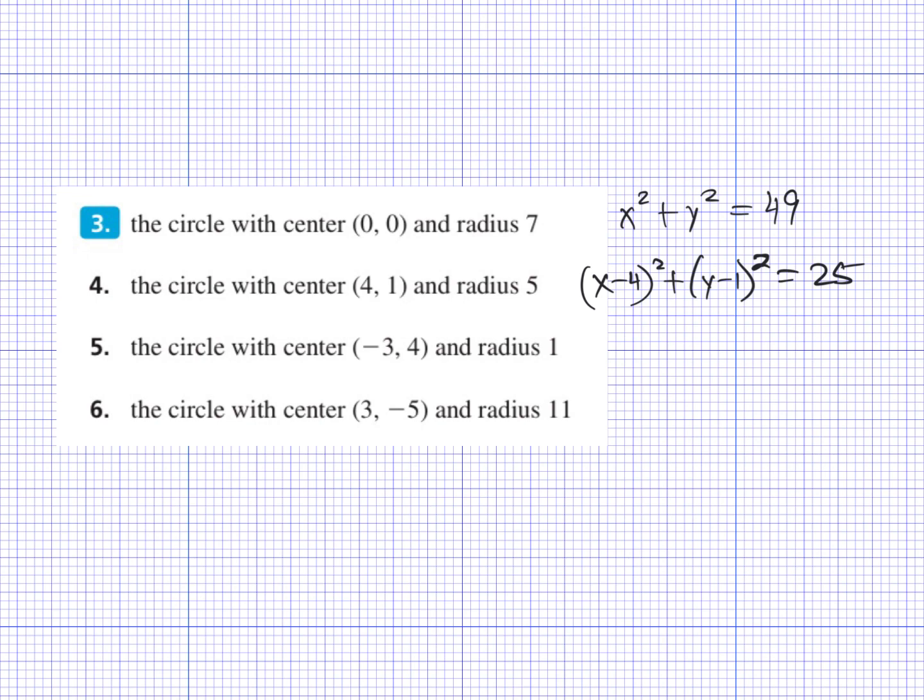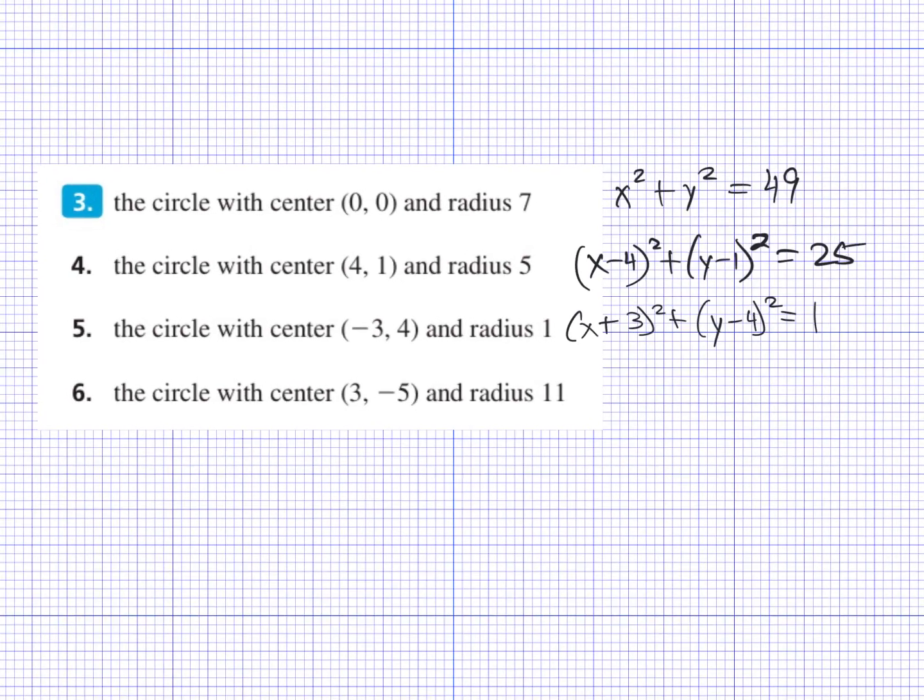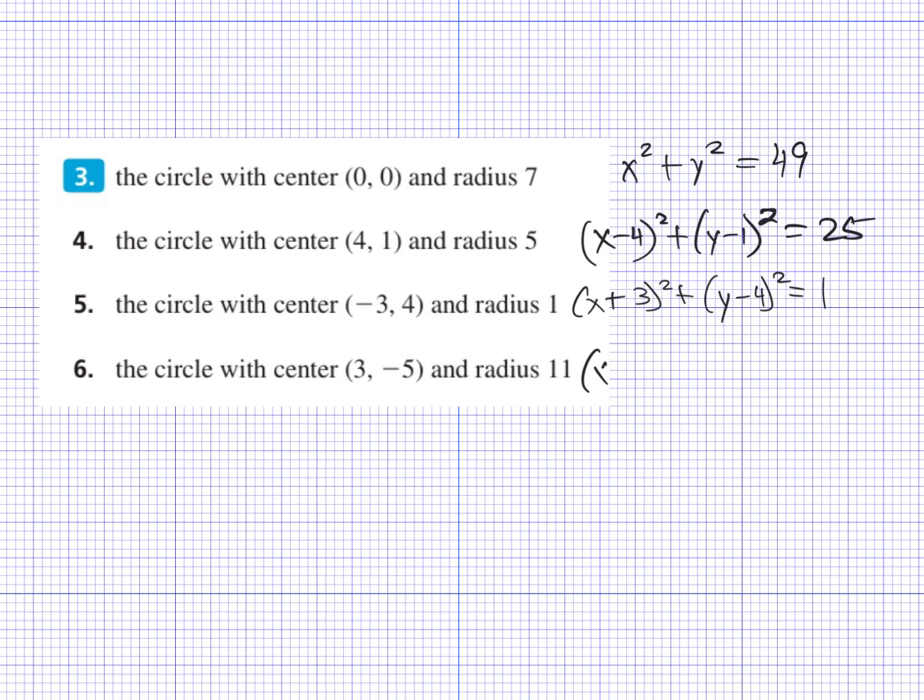Okay, number 5. (x plus 3) squared plus (y minus 4) squared equals 1 squared is 1. 1 squared means 1 times 1, not 1 times 2. Number 6, we have (x minus 3) squared plus (y plus 5) squared equals 11 squared is 121.